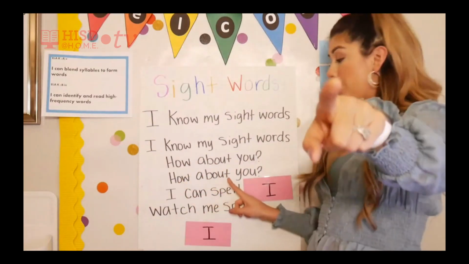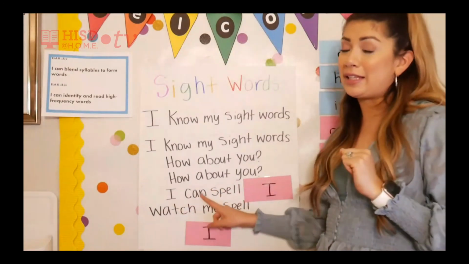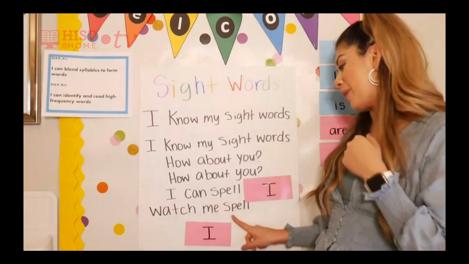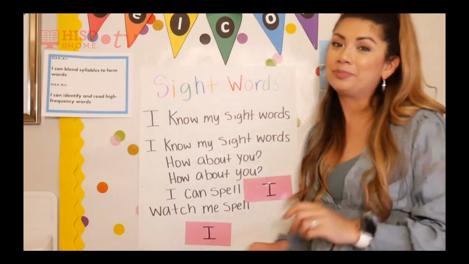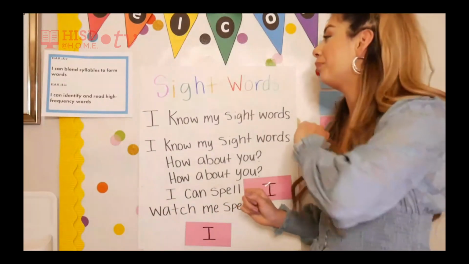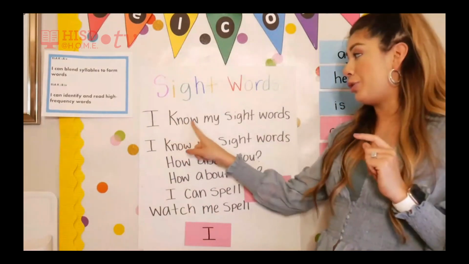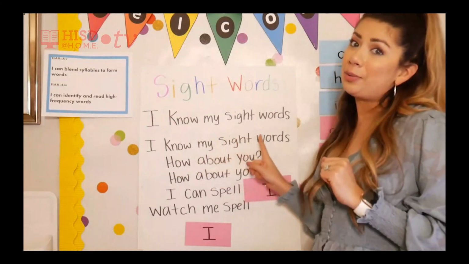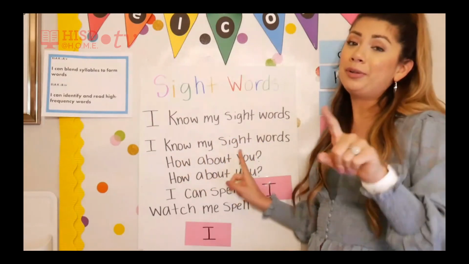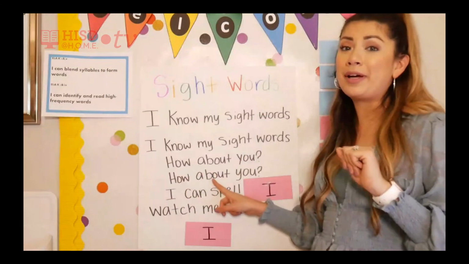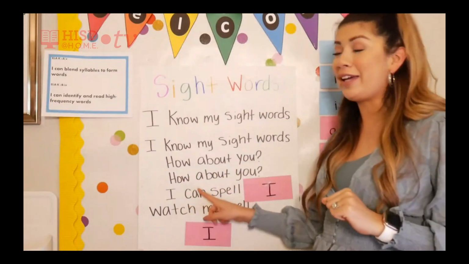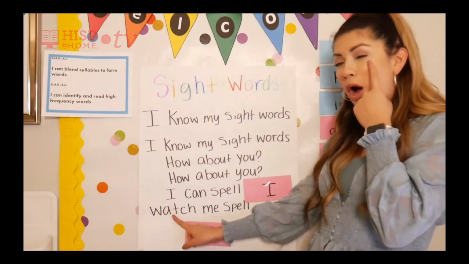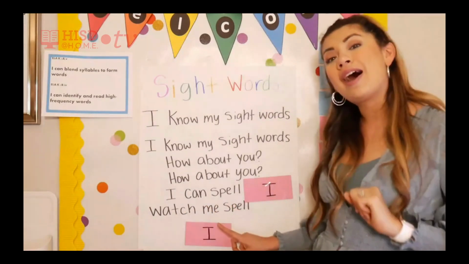How about you? I can spell I. Watch me spell I. Let's go again. I know my sight words. I know my sight words. How about you? How about you? I can spell I. Watch me spell I.